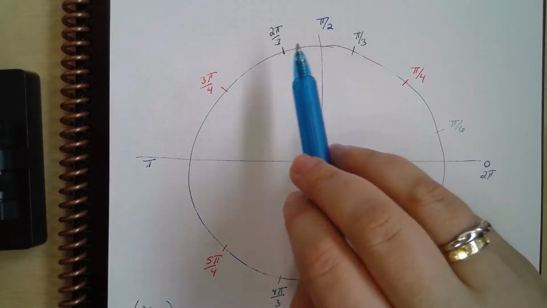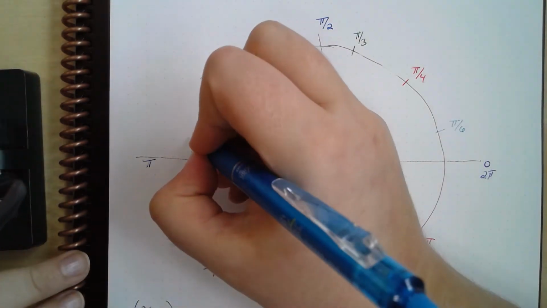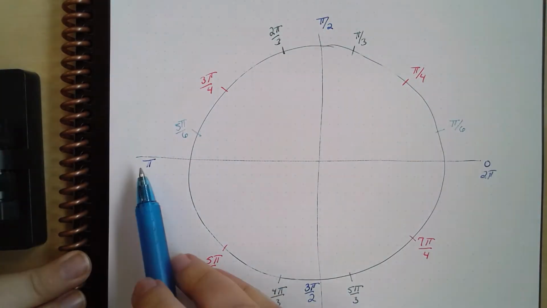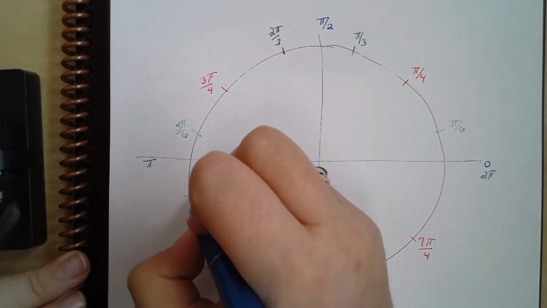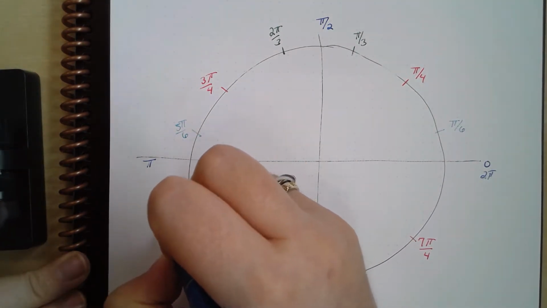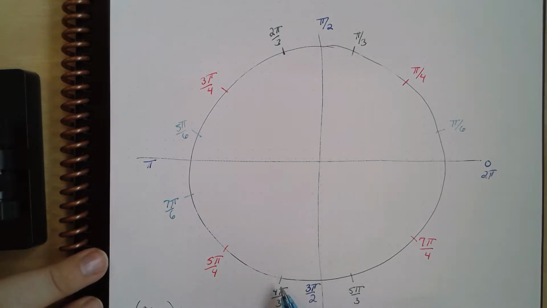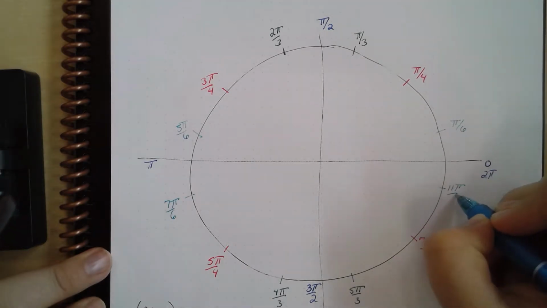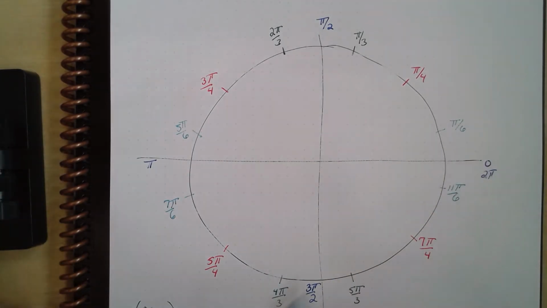Yes. 4 pi over 6, 5 pi over 6. 6 pi over 6, 7 pi over 6. 8 pi over 6, 9 pi over 6, 10 pi over 6, and 11 pi over 6. So this is our unit circle, and this is how we're going to calculate values of sine, cosine, and tangent.